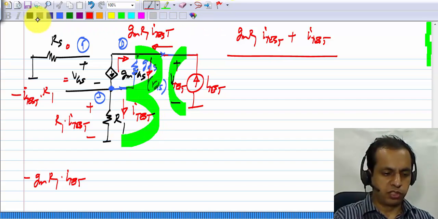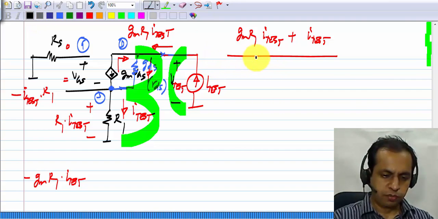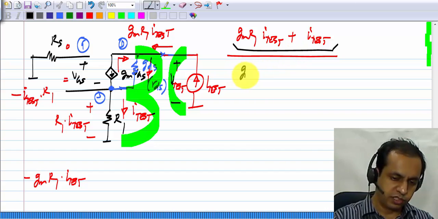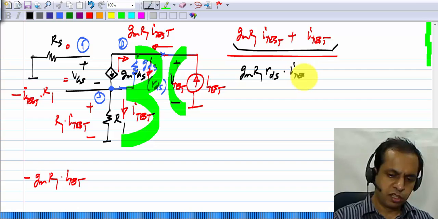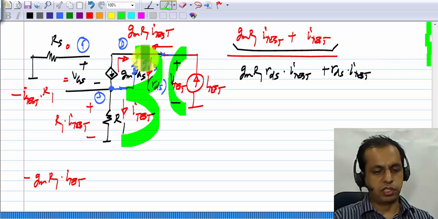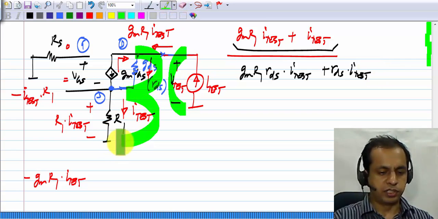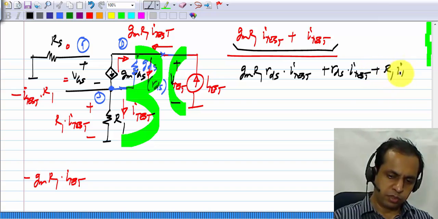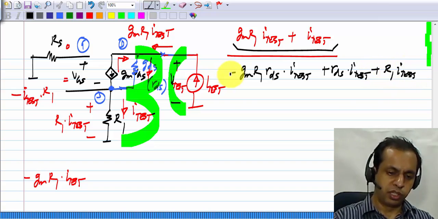The voltage drop across RDS is this current times RDS, so it is GM R1 RDS times I test plus RDS times I test. The voltage drop across R1 is I test times R1. We have already calculated that. Plus R1 times I test. This whole thing equals V test.